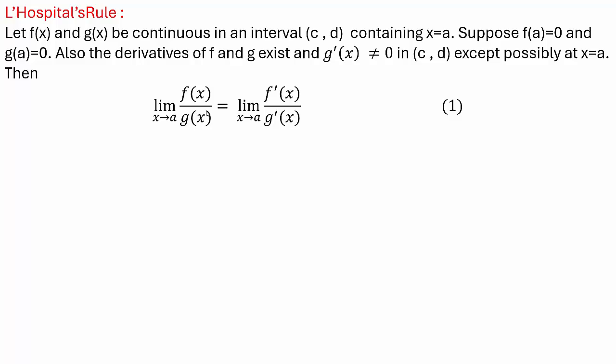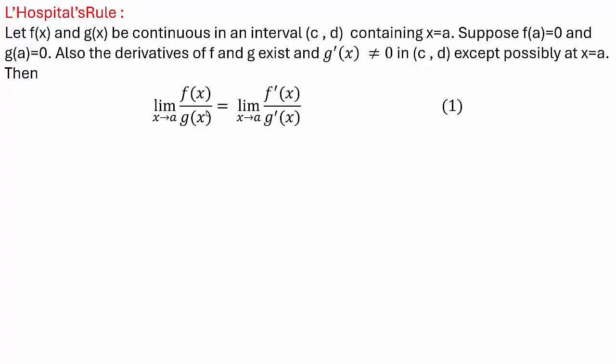Also, the derivatives of f and g exist such that g'(x) is not equal to 0 in the open interval (c, d), except possibly at x equal to a. Then, limit x tends to a of f(x) by g(x) equal to limit x tends to a of f'(x) by g'(x).